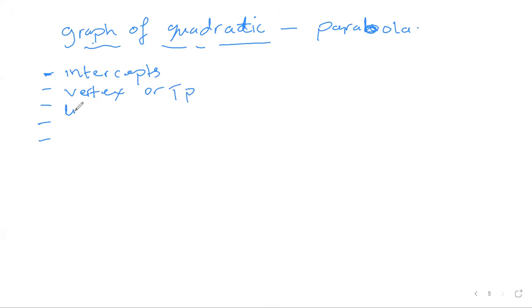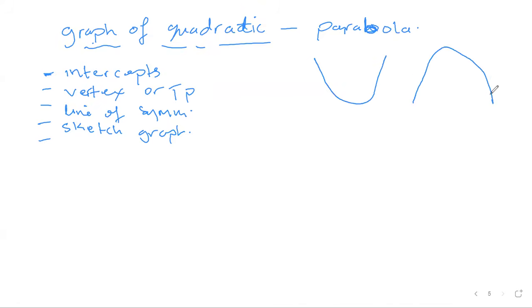We need the line of symmetry of the graph. Okay, and then we can sketch our graph. So the parabola looks very much like this or like this.